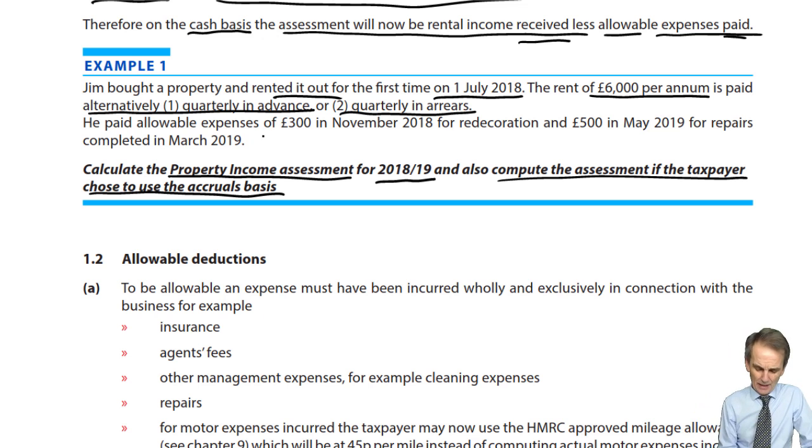So if it was quarterly in advance, well, it starts on the 1st of July of 2018. That would be one amount received, followed by, it's quarterly, the 1st of October of 18, followed by the 1st of January 19, followed by the 1st of April.